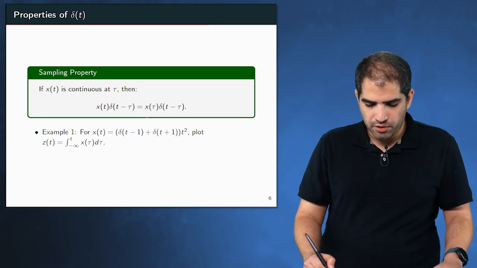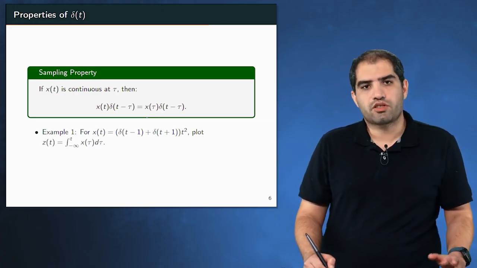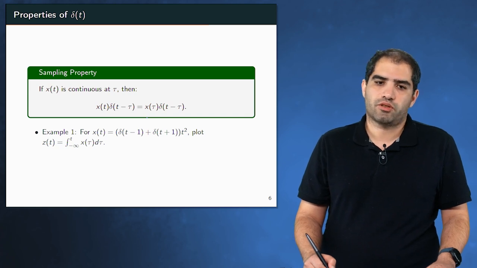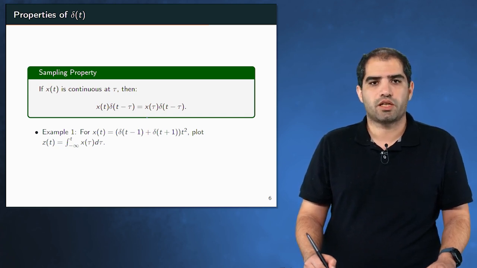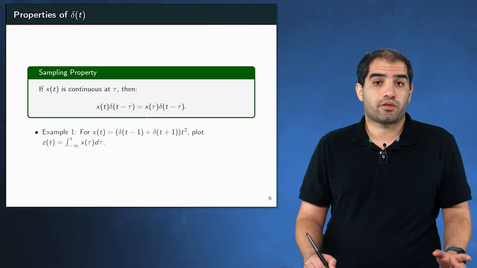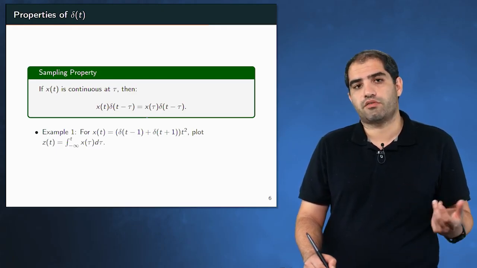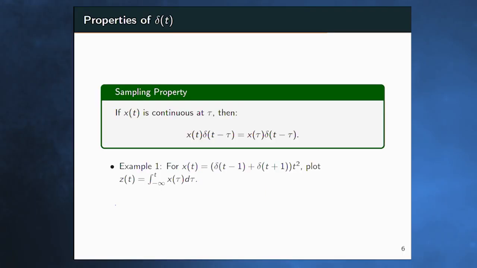So as an example, consider the signal x(t) equals delta(t minus 1) plus delta(t plus 1) times t squared, and let's plot z(t) to be the indefinite integral of x(tau).